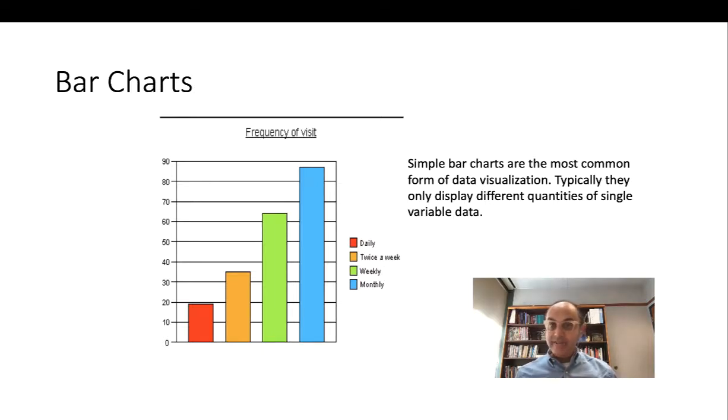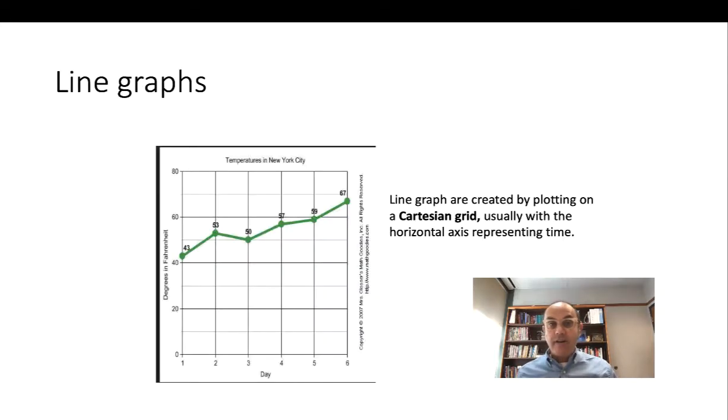And I will talk about variables very soon, but usually it consists of one variable. For example, visits: how many times the students visit my office on a daily basis, twice a week, weekly or monthly. And so it's only about one variable. It is the amount of visits to my office.